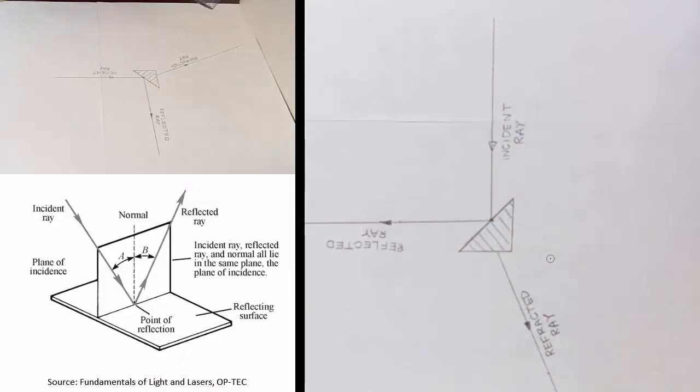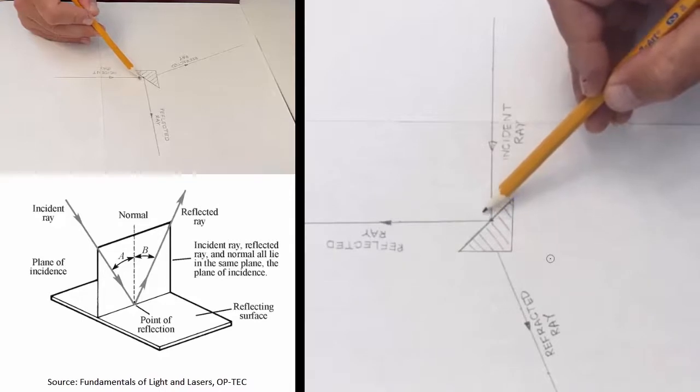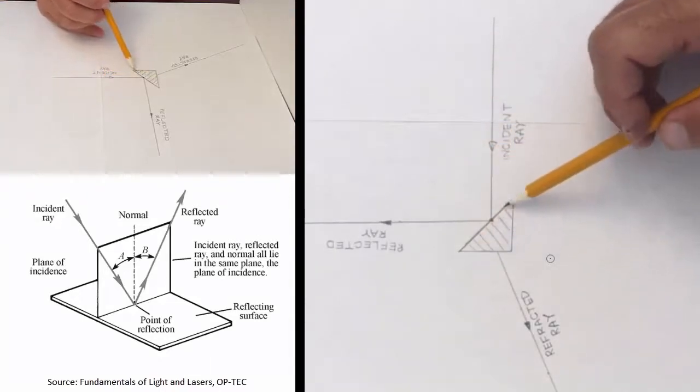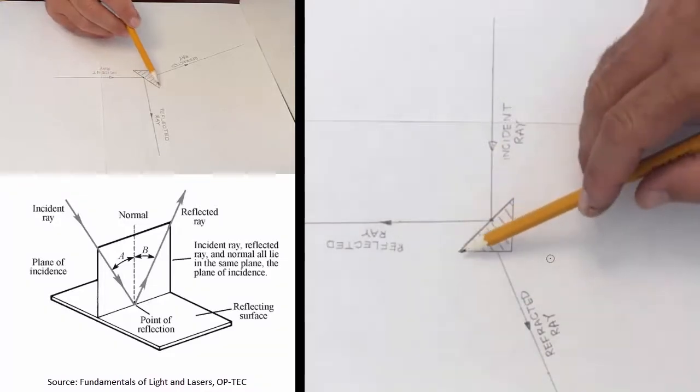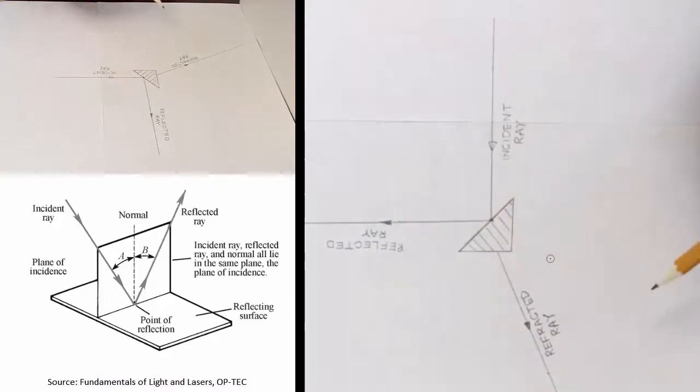So the first step to confirm the law of reflection is to construct the line or the axis that's perpendicular to the surface where the reflection took place. This face of the prism right there is where reflection took place.